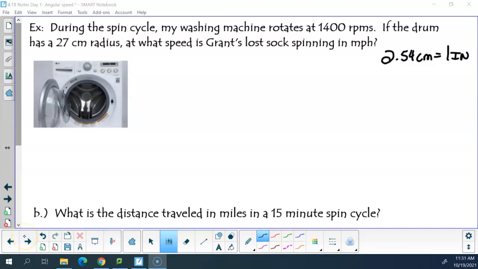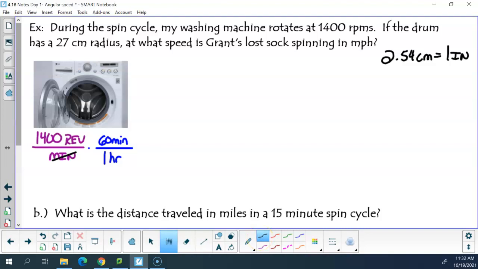All right, here we go. We started with 1,400 revolutions per minute, correct? So we want to get it into miles per hour. 60 minutes is 1 hour.